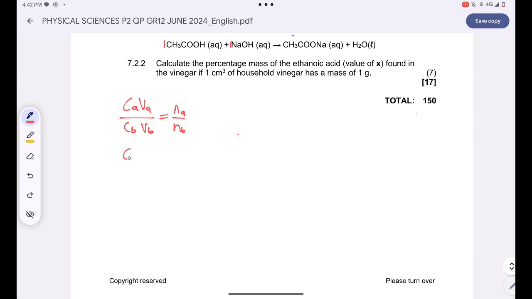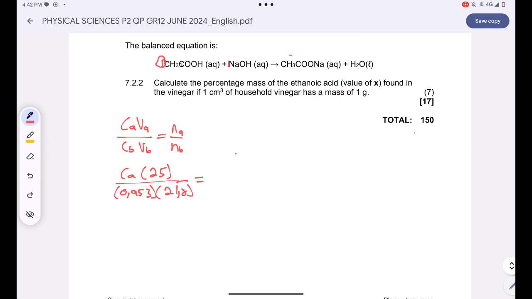I don't know the concentration of my acid, but I know that the volume is just 25 cubic centimeters, right? The concentration of my base is 0.953, and the volume of my base is just 21.8. And since the stoichiometric coefficients are 1 and 1, I'll simply write 1 over here and 1 there.